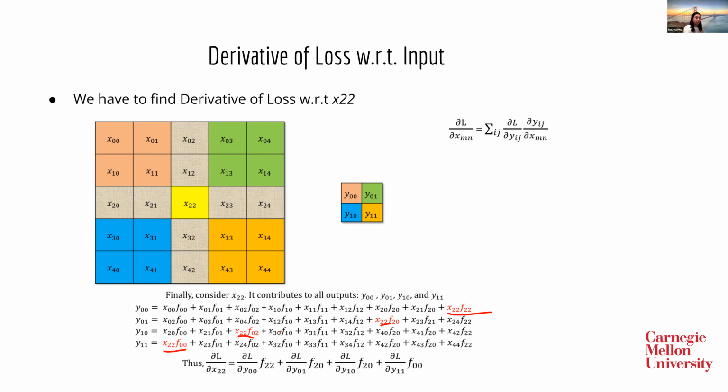So when we're doing the backward calculation, the derivative of this x22 should be the summation of the derivative of y11 times f00, the derivative of y10 times f02, the derivative of y01 times f20, and the derivative of y00 times f22. So this is very straightforward.